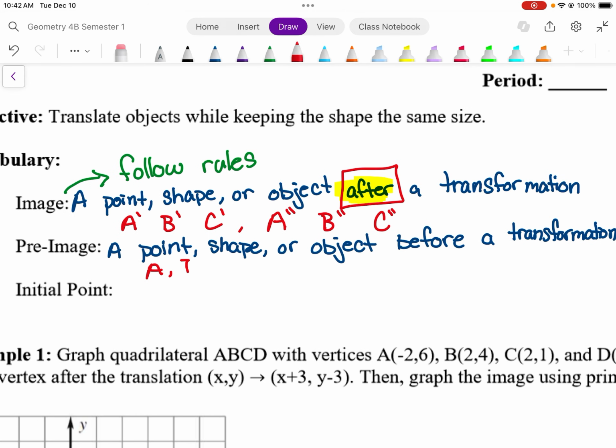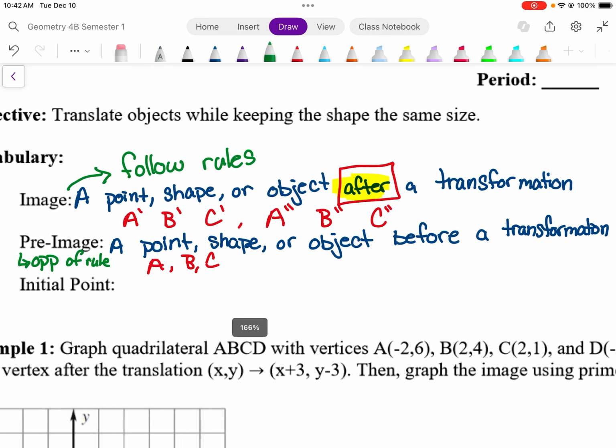So just A, B, and C. So no prime marks on there. And if we are looking to get to the pre-image, for this, we do the opposite of the rule. So if they give you the image and they ask you where would the pre-image points be, you would do the opposite that they gave you.